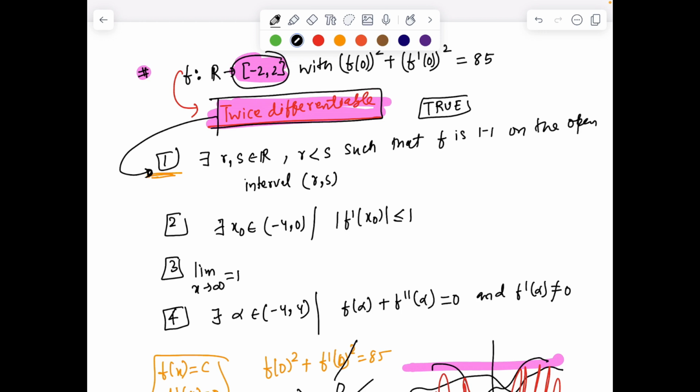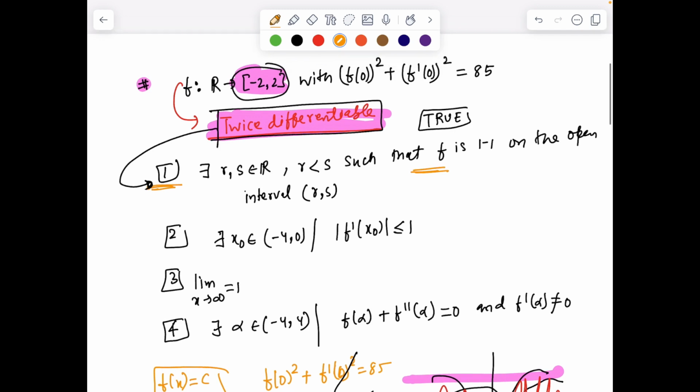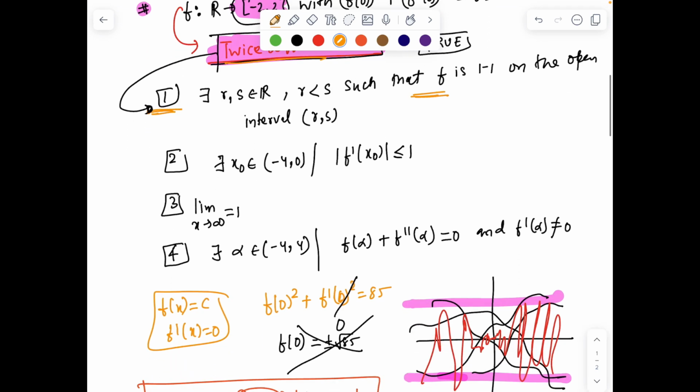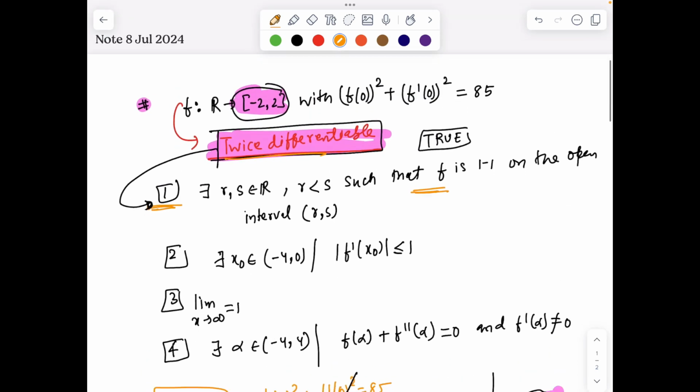So now using the mean value theorem, I can give a guarantee that there exists an interval around 0 such that it must hold. The reason being, now it's twice differentiable, and at 0 what information am I getting? I am getting the information that clearly f dash 0 is non-zero. Why?